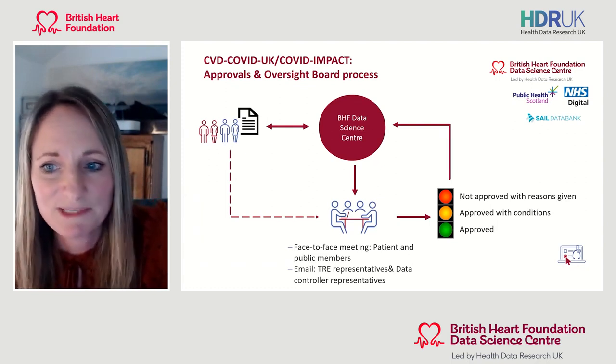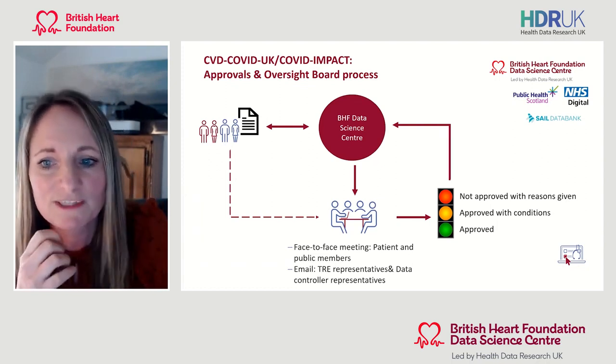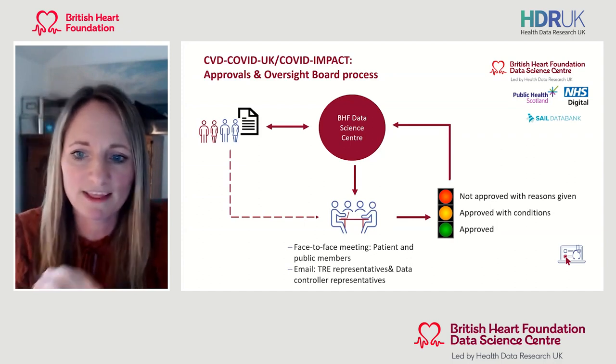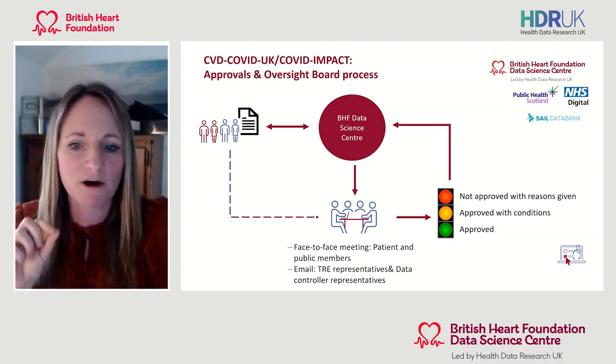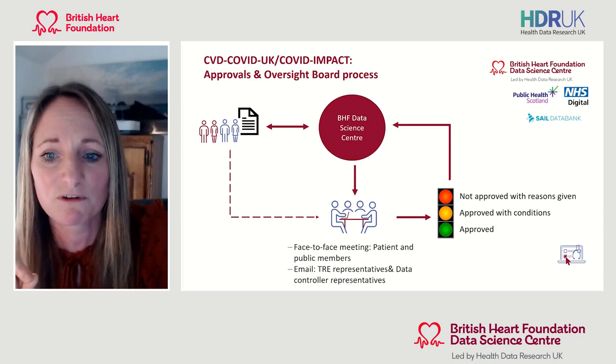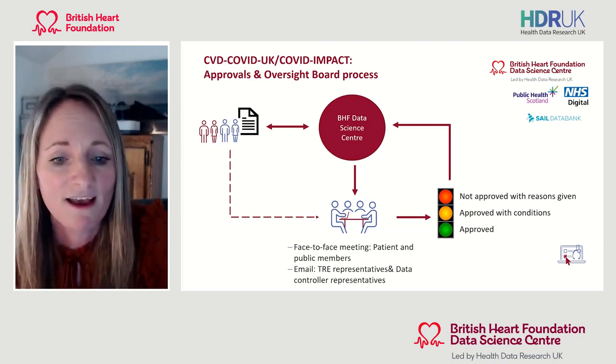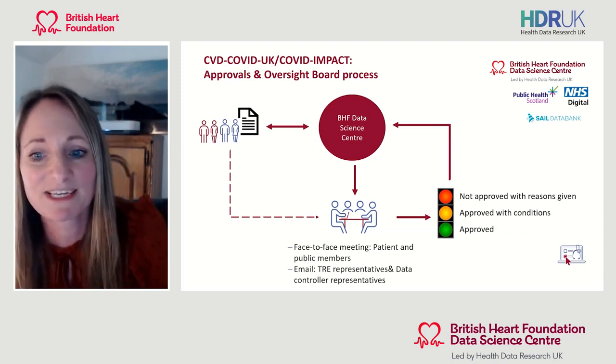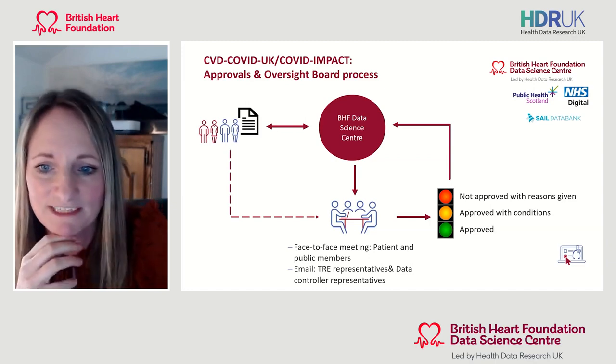The board then decides whether each project is approved with conditions, or not approved. And this whole current time period from submission of a proposal to approval is around 1 month. And the BHF data science team are looking at ways to reduce this already impressive time frame.